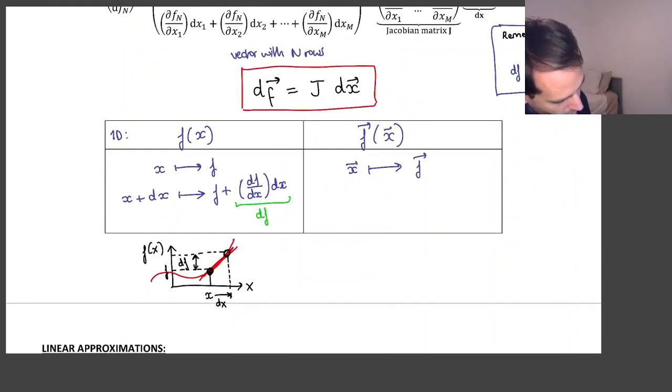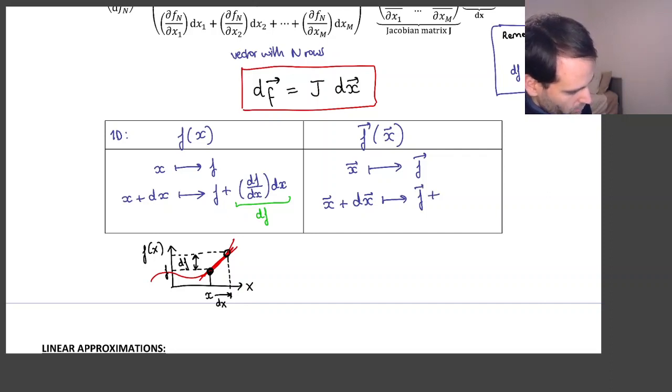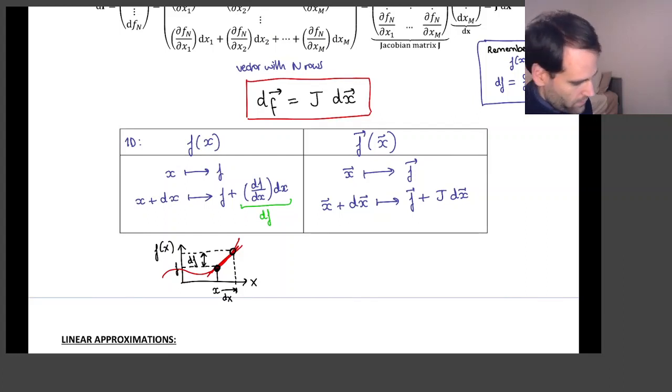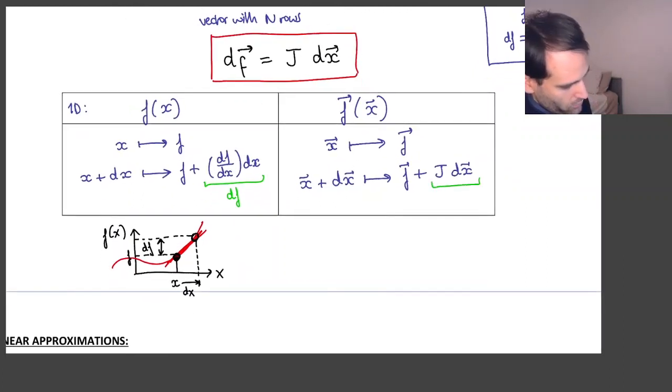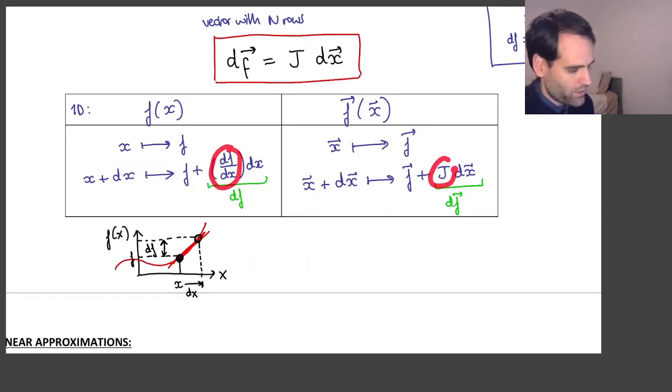And now if we increase our inputs x by an amount dx, where now dx is a vector, the output is f plus the Jacobian matrix times dx, where this increase here is what we usually call df, the total differential of f. And in this case it is a vector, okay? So I hope that this comparison is very clear and that you notice that what was the derivative before now becomes the Jacobian.